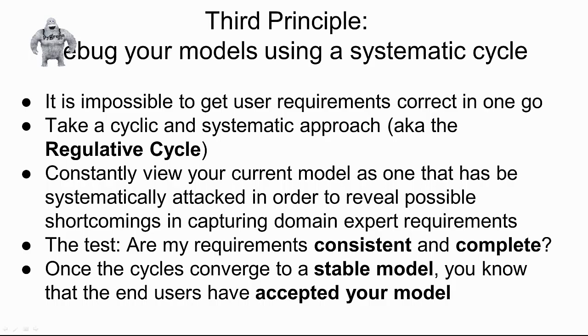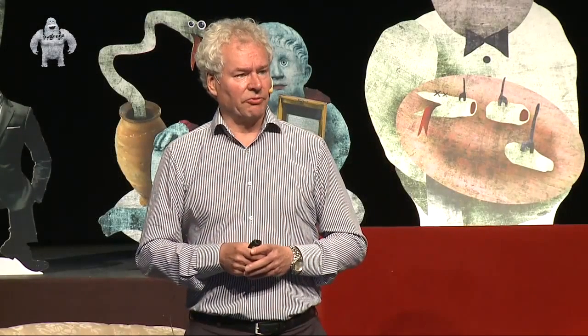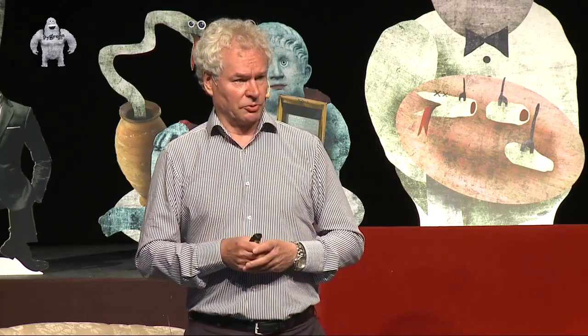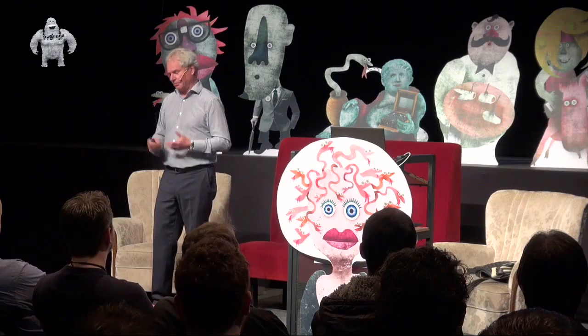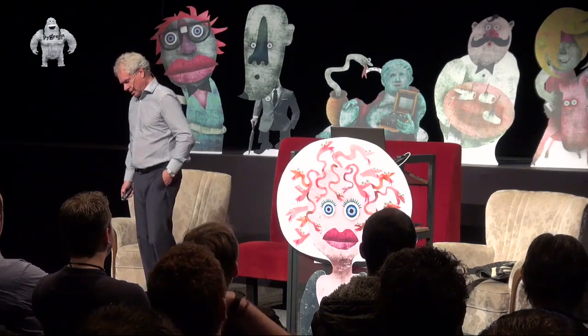Then you find out that your domain expert is satisfied with what you're telling him. And once you have an accepted model, then you know that if you build software according to that model, you have a guarantee that your domain expert is going to be satisfied. So you're putting a lot of effort and time into capturing the needs of the domain expert before you actually start coding.